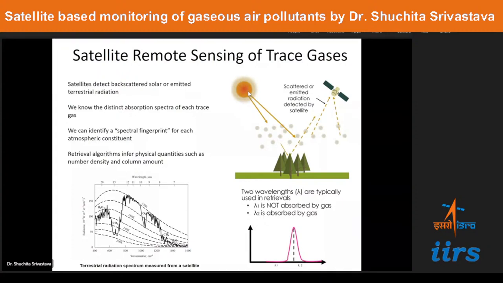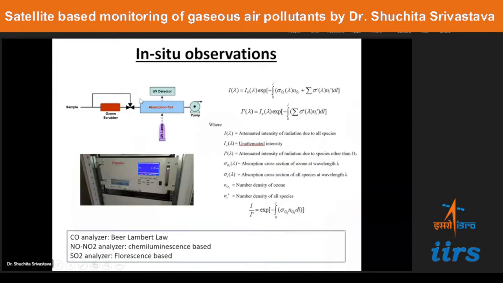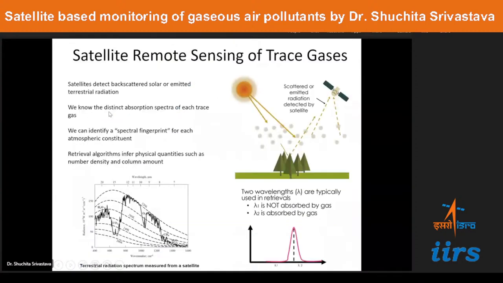And what is the measuring principle? In the previous slide we saw the absorption cell and ozone scrubber. But in the atmosphere, we cannot kill ozone for this calculation. So we do another thing: we make measurements at different wavelengths, some which are not strongly absorbed by the gas, and some which are very strongly absorbed by the gas.